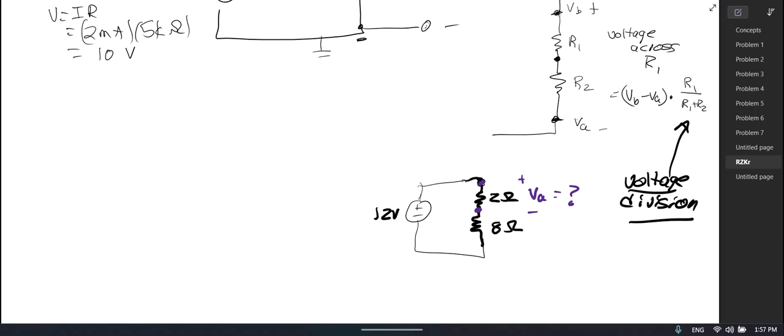There's a lot of ways to do it. The simplest, instinct way is to say, well, I know that in my entire circuit, V equals IR. My voltage across both resistors is 12.